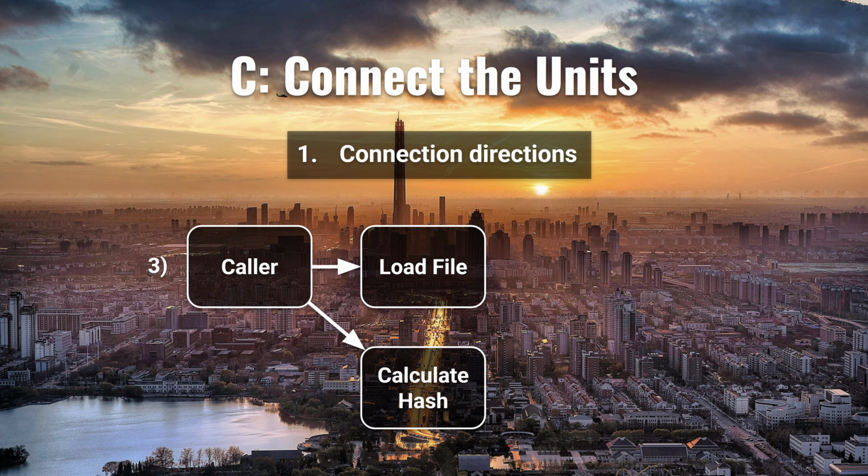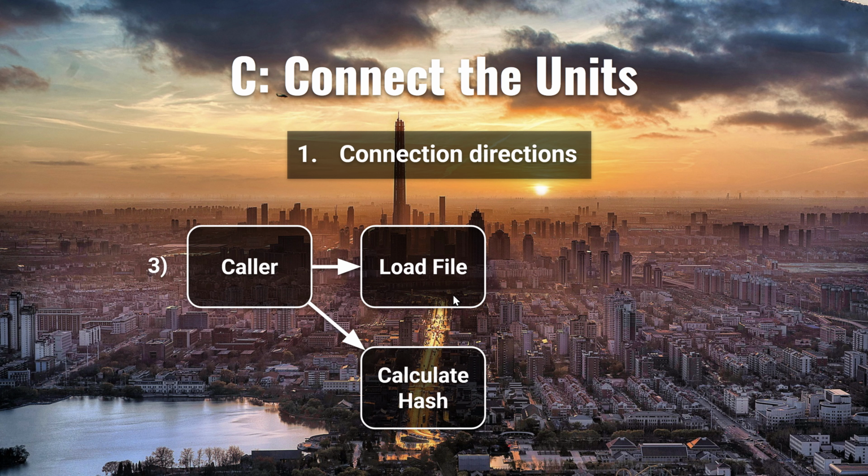There are probably more ways to connect classes than the three that I mentioned here. You could, for instance, create a third class that coordinates between the load file and calculate hash class so that the caller doesn't have to know anything about these two classes. But what is important is not to cover all the many different ways in which you can connect your units.